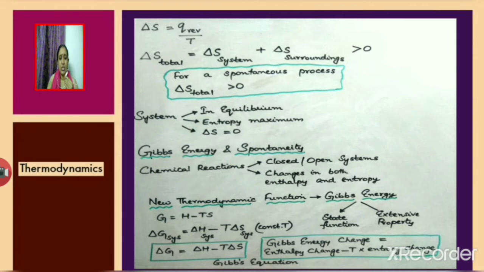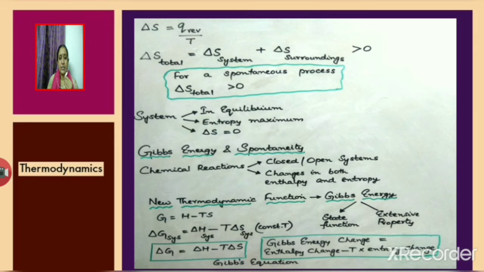Gibbs energy G is given as equal to H minus TS, where T is the temperature, S is entropy and H is enthalpy. Gibbs energy change delta G for the system can be written as equal to delta H of the system minus T into delta S of the system at constant temperature.